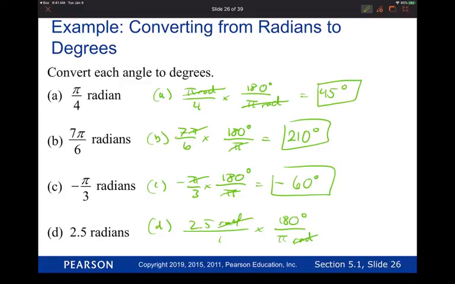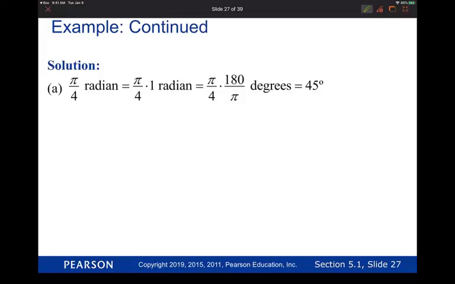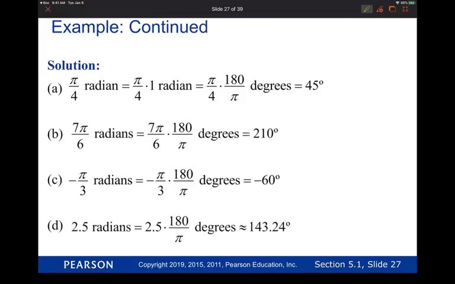So when we crunch it, it's going to be 2.5 times 180 over pi. That'll be degrees. You typically would find that number, and then that approximation.